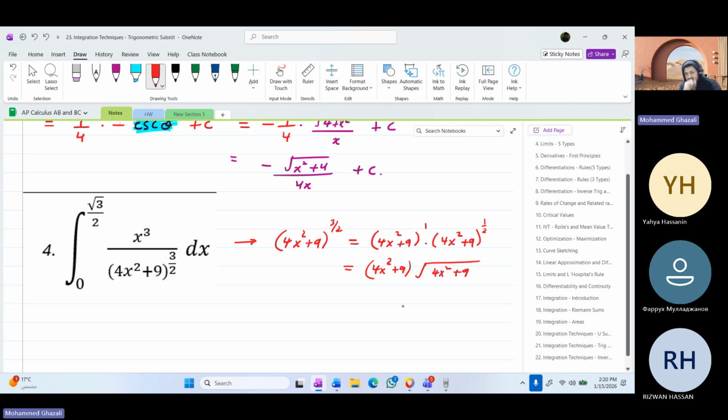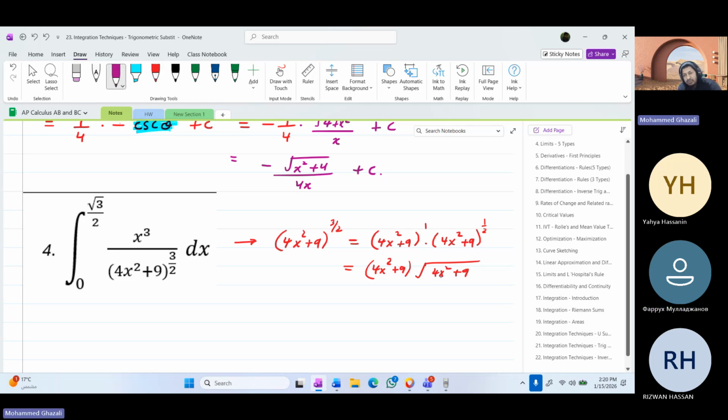Are we good, guys? It's to the power 3 over 2, because 1 plus half is 3 over 2. Yeah, you're right.